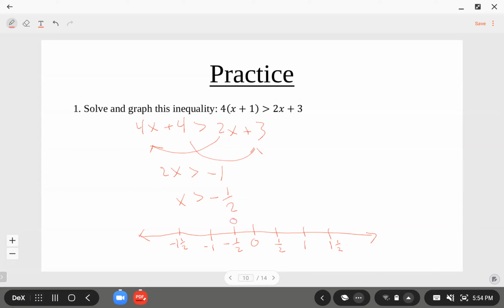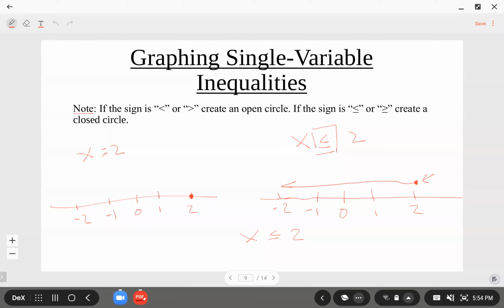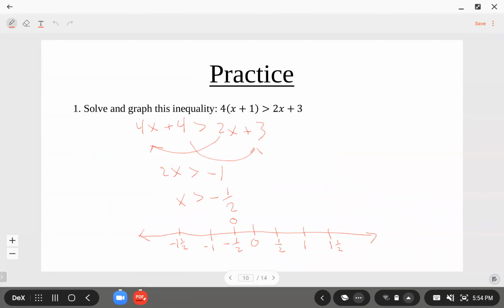Open circle. Remember, I gave you a note: if it is less than or greater than, create an open circle. So remember, we have our open circle now.